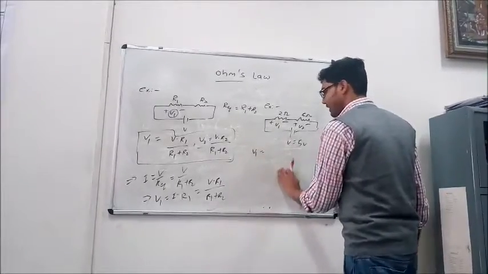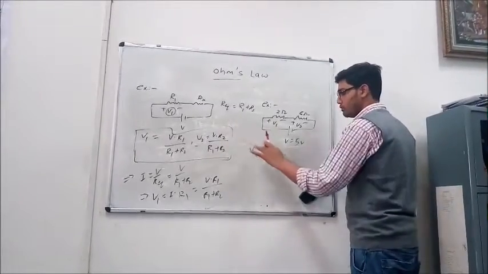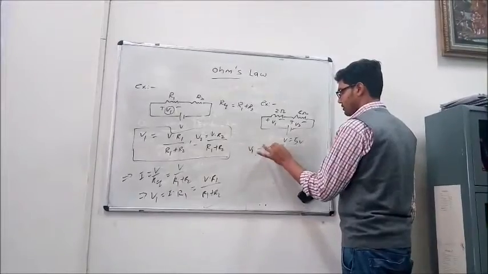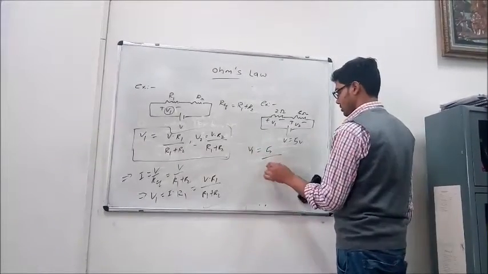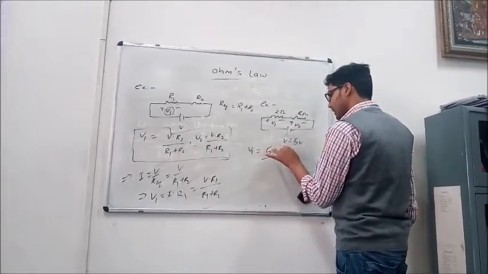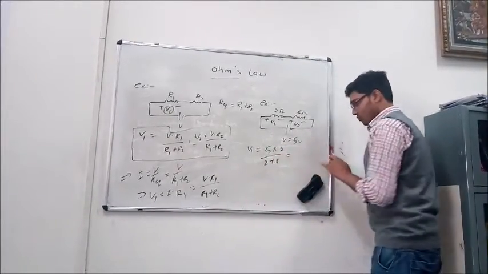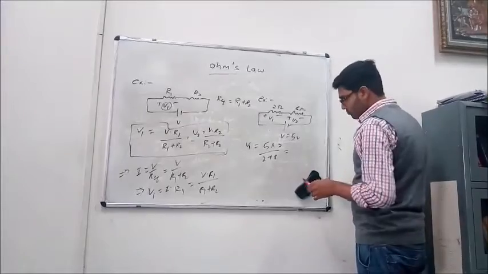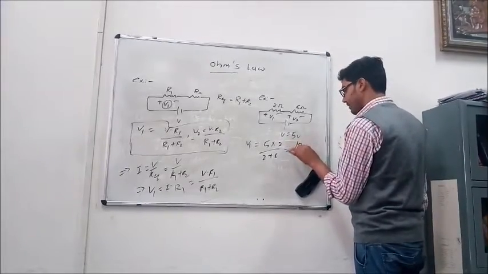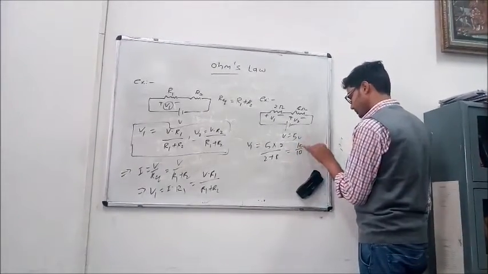So V1, directly we will be able to calculate by using that formula, that is 5 multiplied by 2 divided by 2 plus 8. How much are we going to get? 10 upon 10, that means 1 volt.